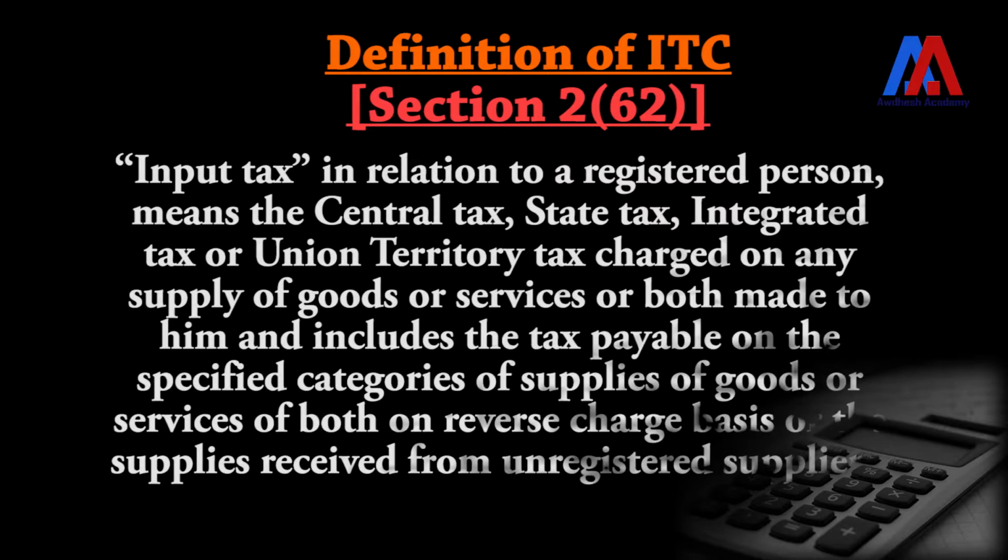It says, input tax in relation to a registered person means the central tax, state tax, integrated tax or union territory tax charged on any supply of goods or services or both made to him, and includes the taxes paid on specified categories of supplies of goods or services or both on reverse charge basis or on supplies received from unregistered suppliers. So what does it mean?